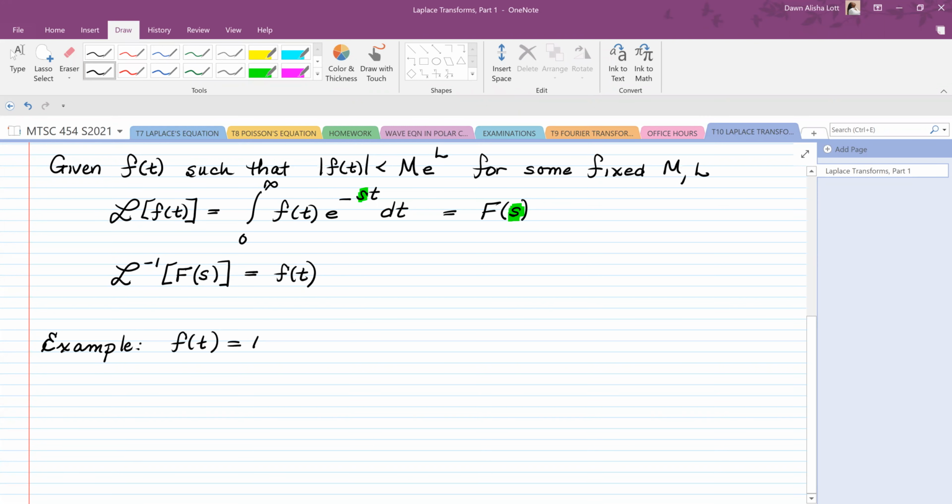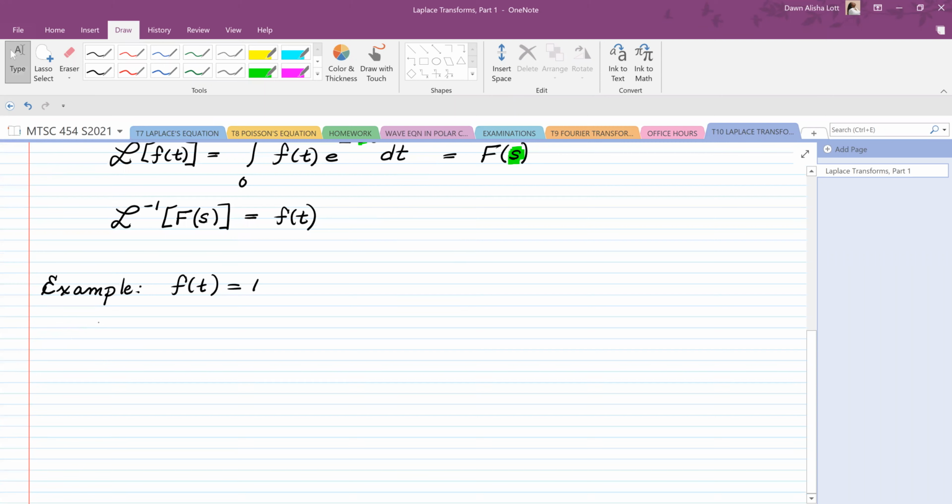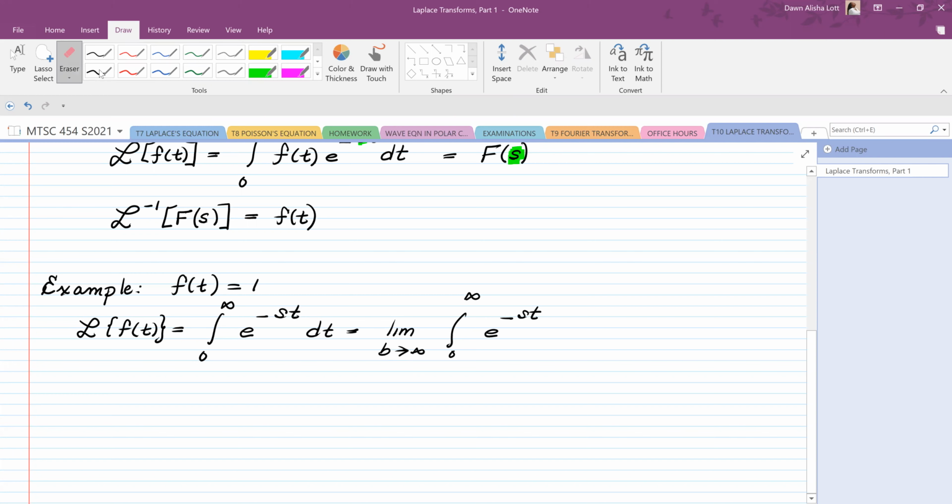Therefore, the Laplace transform of f of t is the integral from 0 to infinity of e to the minus st dt. But that's just the limit as b approaches infinity of the integral from 0 to b of e to the minus st dt.